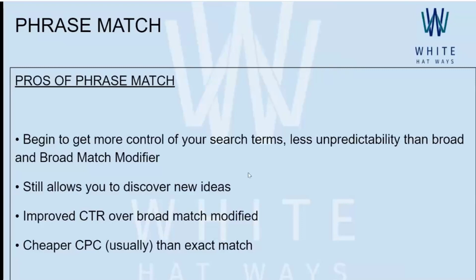Improved CTR. Why improved CTR? Because all your search terms in that very order are appearing. So somebody searching for learn digital marketing course in South Delhi would still get to see your ad, which obviously has learn digital marketing as a keyword.